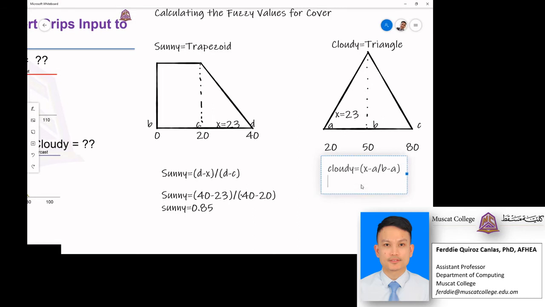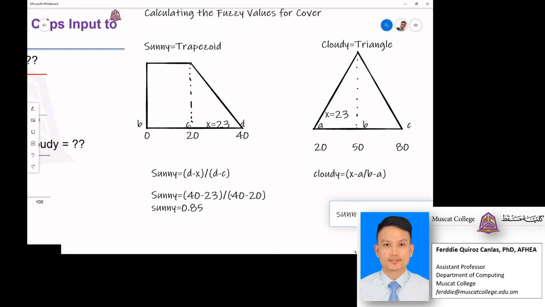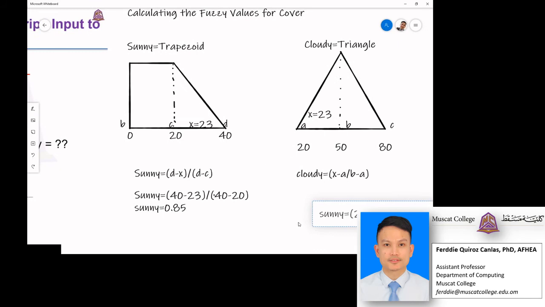Now let's try to calculate it later, but for now let's substitute the values. So cloudy equals x minus a, which is 23 minus 20, divided by b minus a, which is 50 minus 20, right? Let's check the values if it's correct.